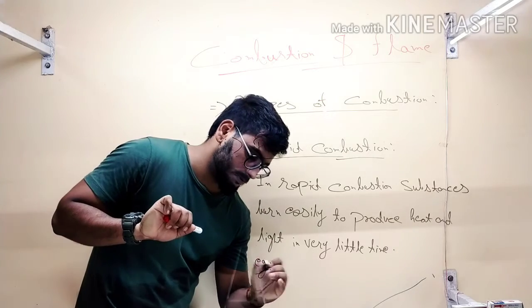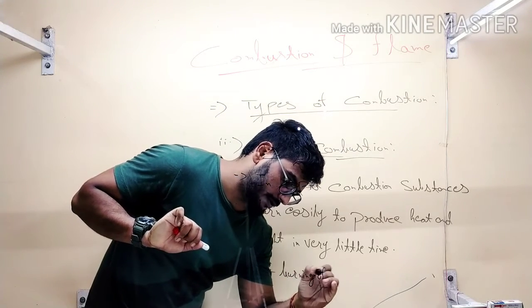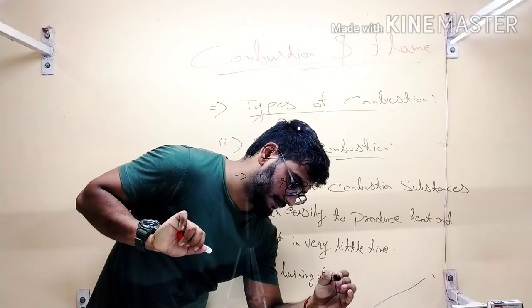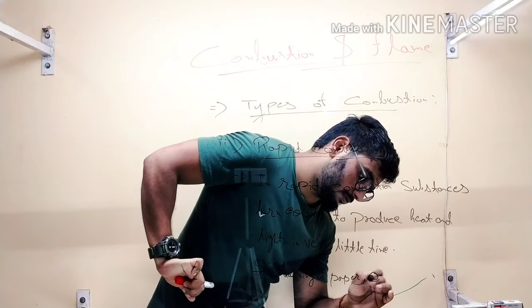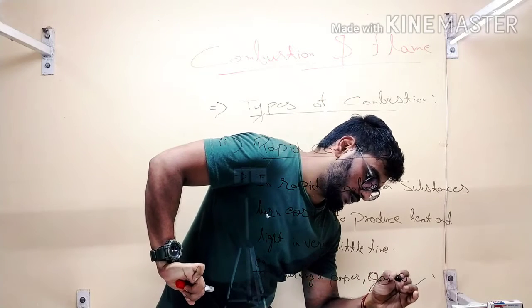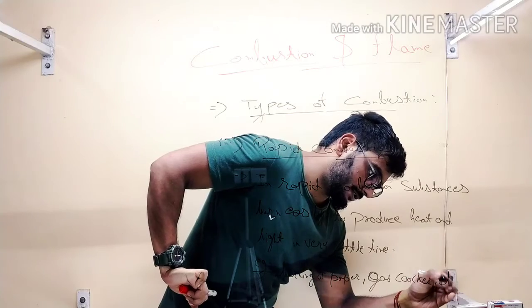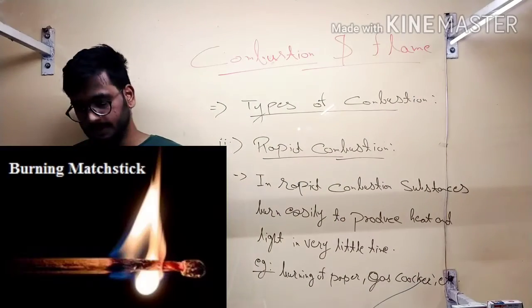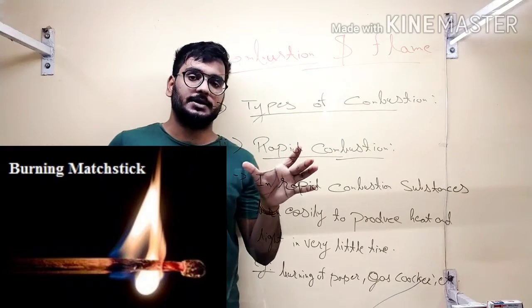Example: burning of fire, burning of paper, gas cooker, etc. So when you see a gas cooker in the kitchen burning, that is rapid combustion.